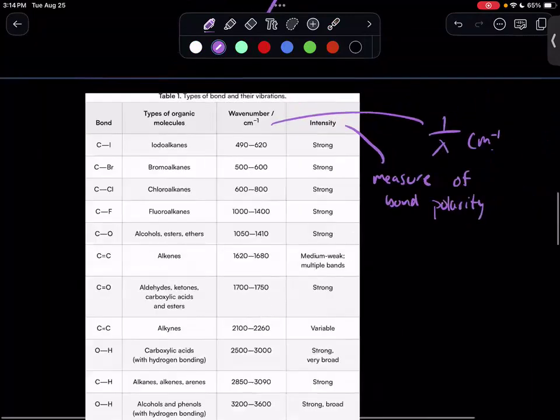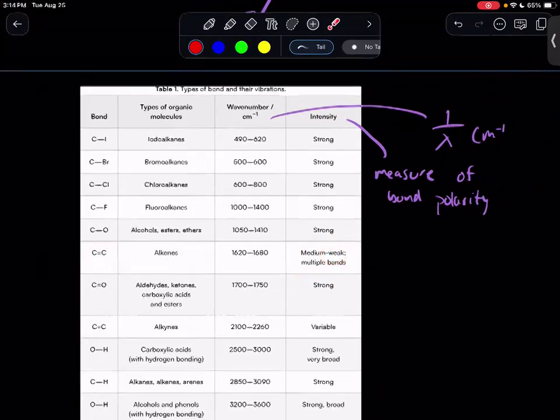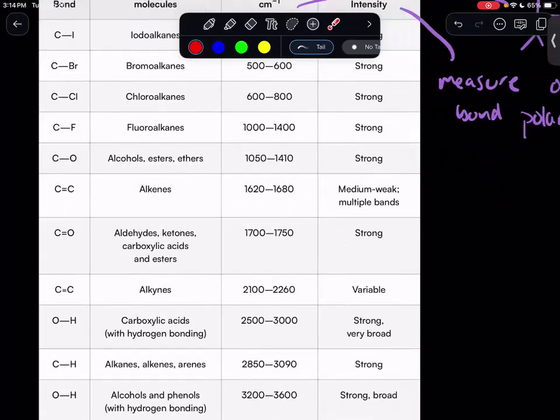So you'll notice our halogenoalkanes have a strong intensity, as we'd expect with a lot of bond polarity. We have weak intensity when we have these alkenes, where it's carbon-carbon, very low polarity. So we have very strong ones with our hydrogen bonds. So that's what intensity is classified as.